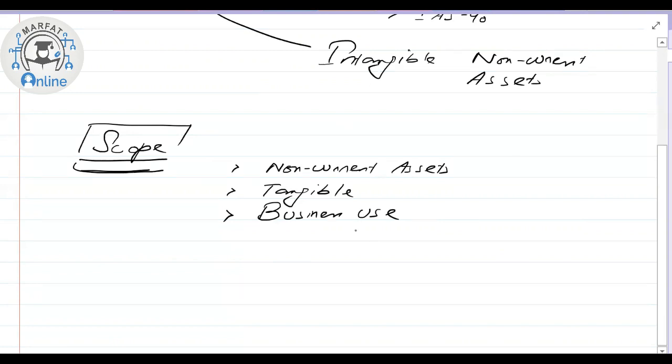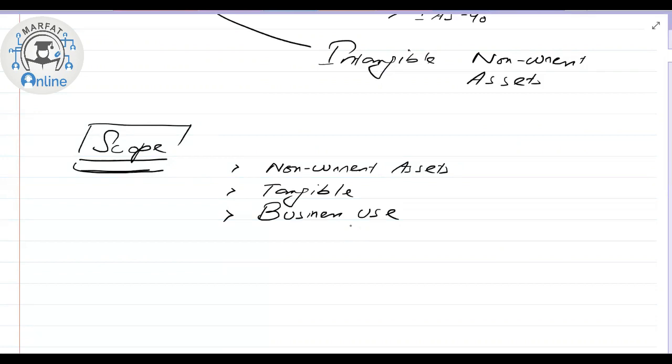Now, business use means that these assets will be used in the business, such as in production or for providing services. For example, if there is a college, and in the classrooms there is furniture, that furniture is property, plant, and equipment, because the college is using it to provide classes to the students.